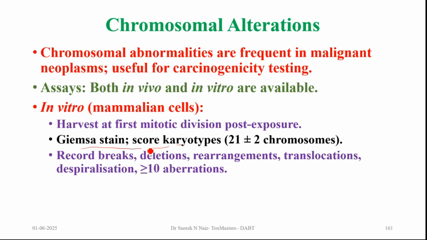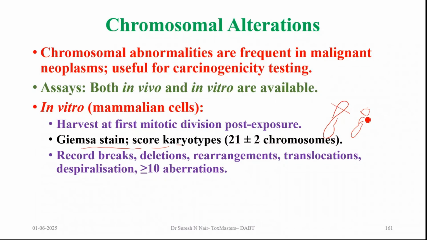Even though the gene may not be affected, the chromosome itself will be affected. Say a chromosome like this may be split, so it will appear like this, and a fragment will be there. This is what we study in chromosomal alteration studies.